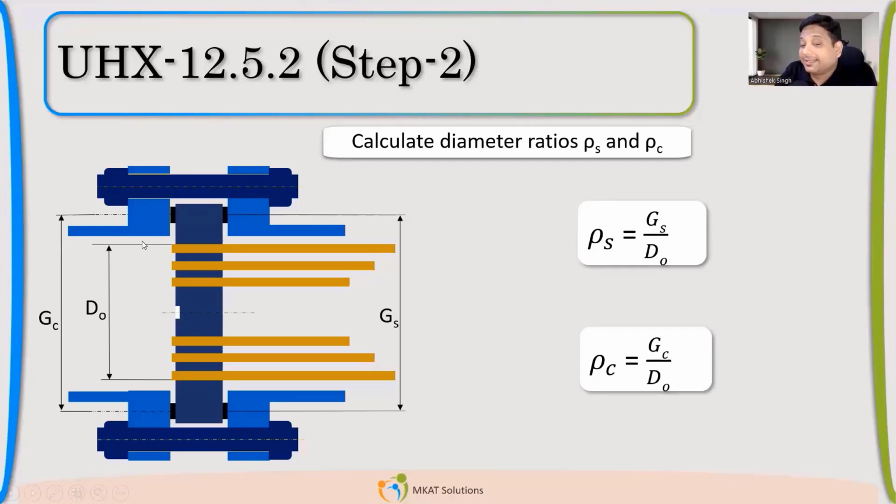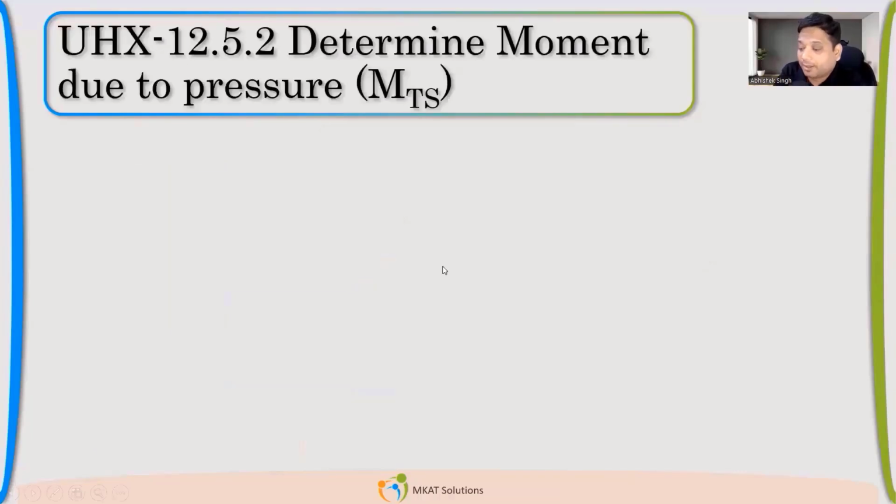But if your ID is different in some cases, that may also be possible, then this rho S and rho C will become different from each other. Otherwise, it will be the same, because most of the time you'll see GS and GC are the same, and D naught is anyway the same for all the cases.